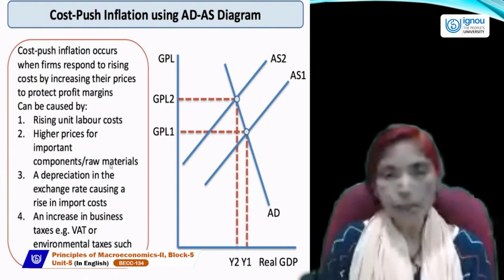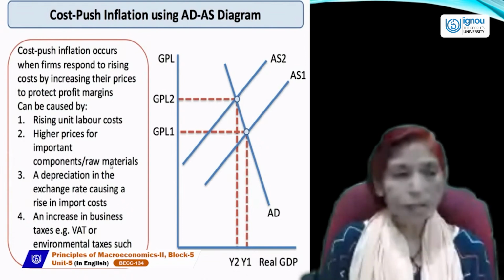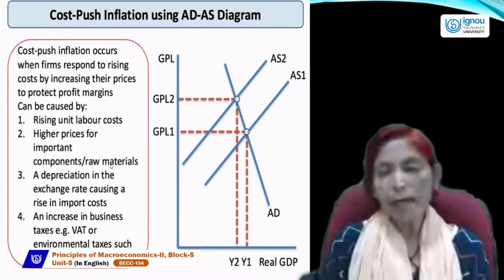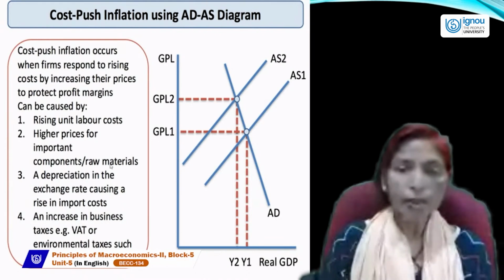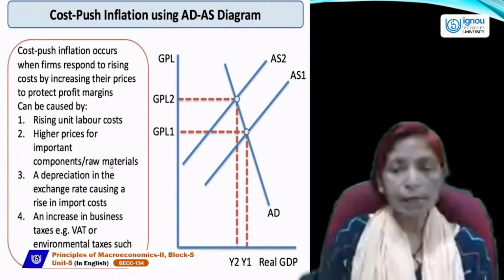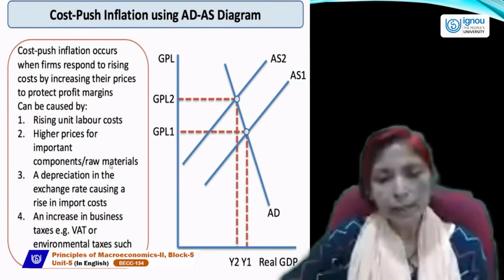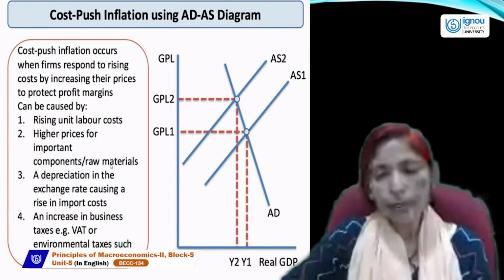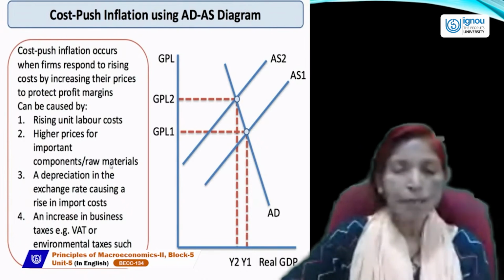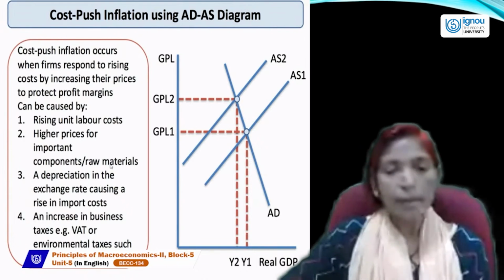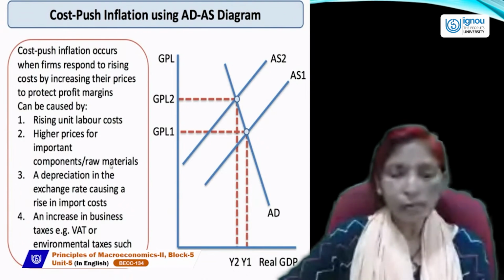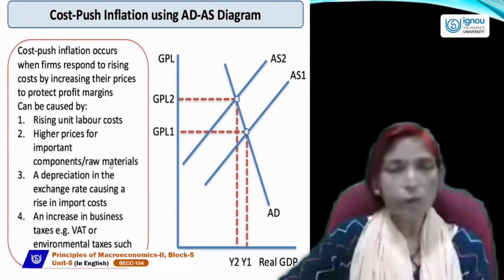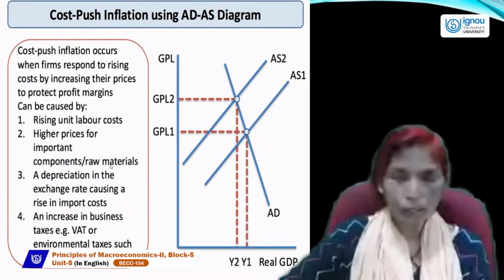If the cost of production increases, then producers' profit margin will fall, and due to the fall in their profit margins, aggregate supply will fall, they will produce less, and the supply curve will shift to the left hand side. And if the aggregate demand curve remains constant or downward sloping, and only the aggregate supply curve is shifting towards the left hand side, in that case price level will rise and quantity of the product will fall. This situation is known as cost push inflation.